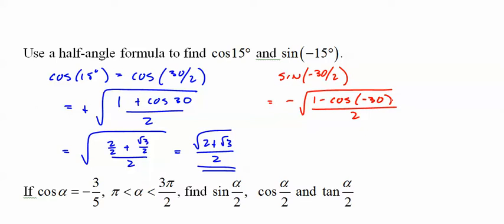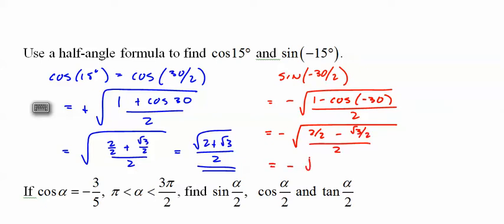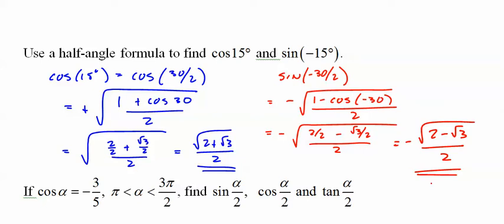And cosine of -30 is root 3 over 2, so 2 over 2 minus root 3 over 2. What's with the 2 over 2? Yeah, I've seen this movie before. Equals negative square root of 2 minus square root of 3 all over 2. At which point you say, yeah, that's much simpler. Thanks for nothing. Well, this is the math we're doing, so see where it takes you.